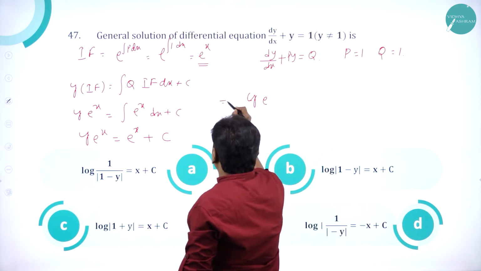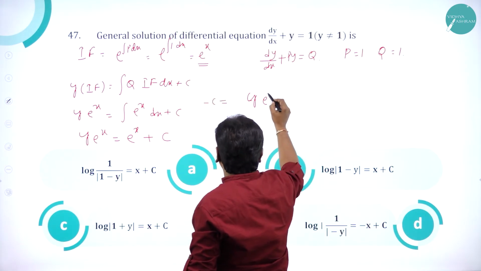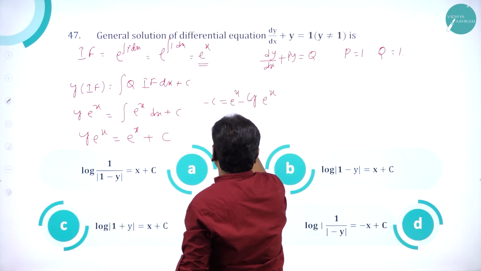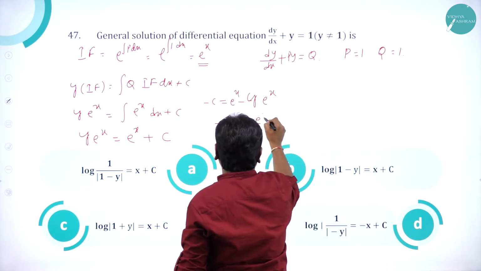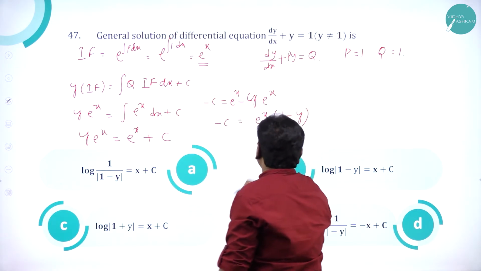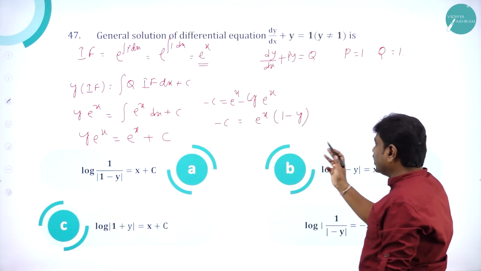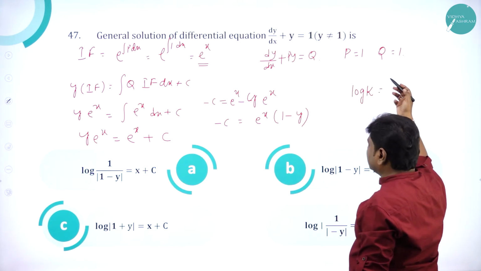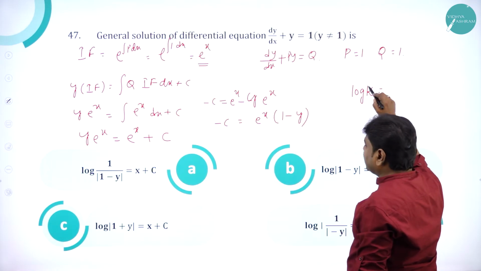So minus c is equal to e power x minus y e power x, or minus c is equal to e power x. If I take it out, I will get 1 minus y. I will apply log on both sides. Log of some constant, log of minus c, is another constant, and I can say capital C.